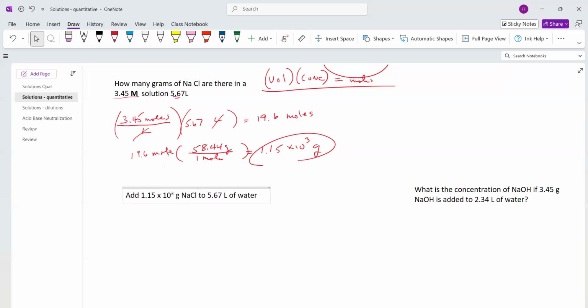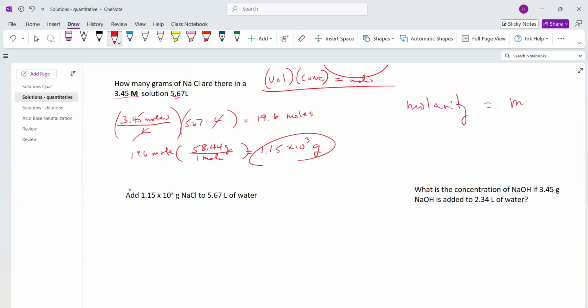Now, remember the definition of molarity. What's the definition of molarity? It's sort of a trick question, you guys, just as a warning.